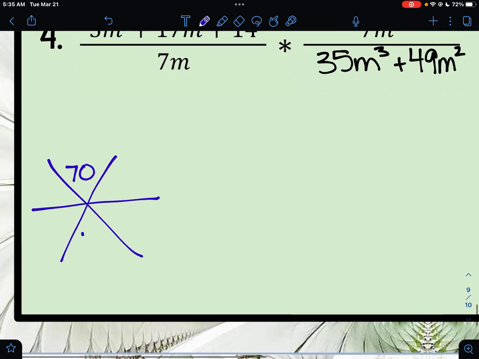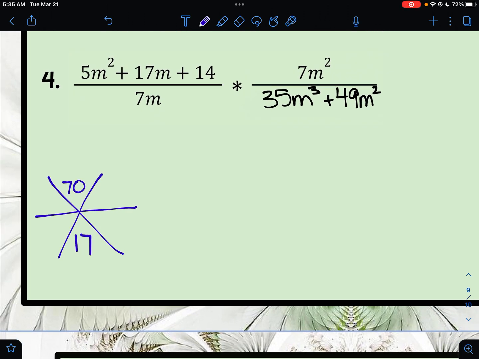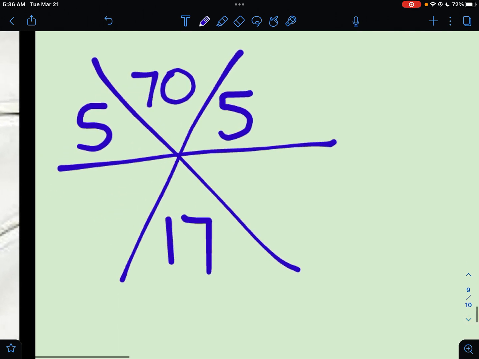And then I have 17. And 5 and 5. My iPad doesn't like it when I move it around a lot. Okay. So I need factors of 70 that add to 17. Hopefully that one's pretty easy for you guys. 7 times 10. Okay.